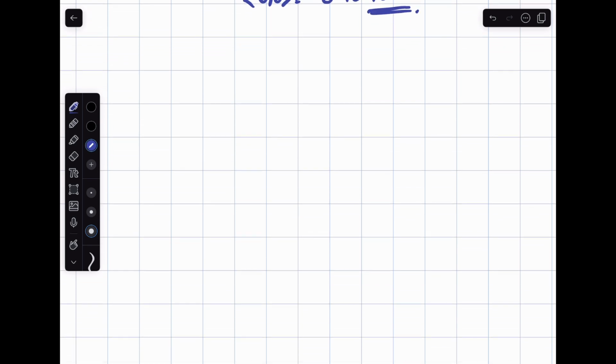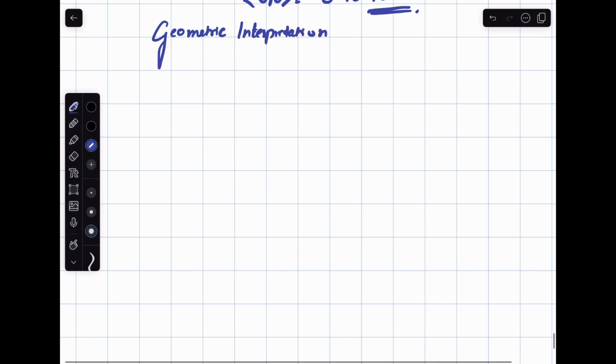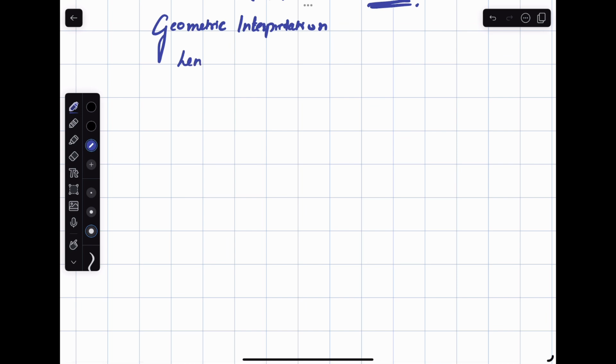Now in the last video we have seen the dot product had a geometric interpretation and we could find the angle theta. So what is the geometric interpretation for the inner product? The first one we can find is the length, or I can say the norm. So what is the formula? The magnitude of v is the root of the inner product of v comma v.